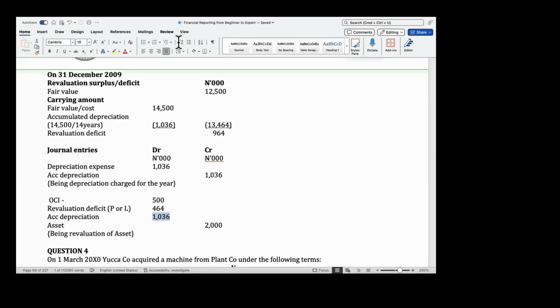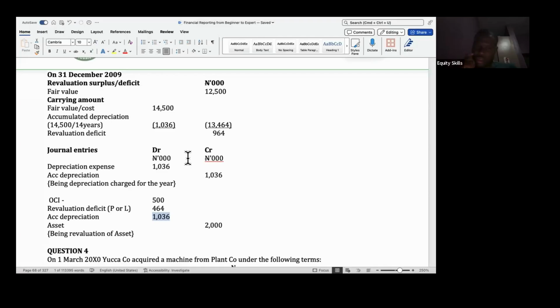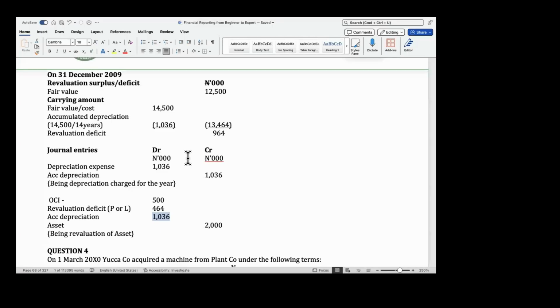Okay, something is somehow confusing me here. Having revaluation surplus and revaluation deficit, I'm talking about that journal entry, on the same side. I need more explanation on that, sir. Which one again? The revaluation surplus of 500 and that revaluation deficit of 464.